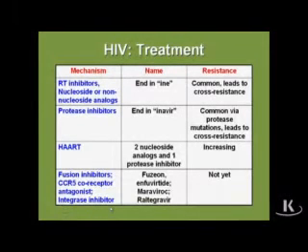Just to help you out a little bit, the reverse transcriptase inhibitors can be nucleoside or non-nucleoside analogs, and those usually end in -ine, whereas your protease inhibitors end in -inavir, okay? So that might help you remember which drugs are which.